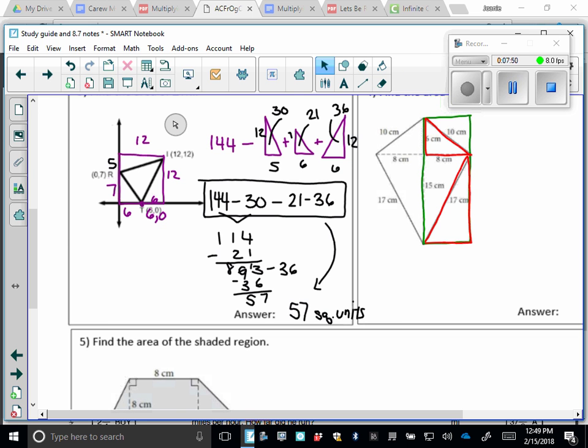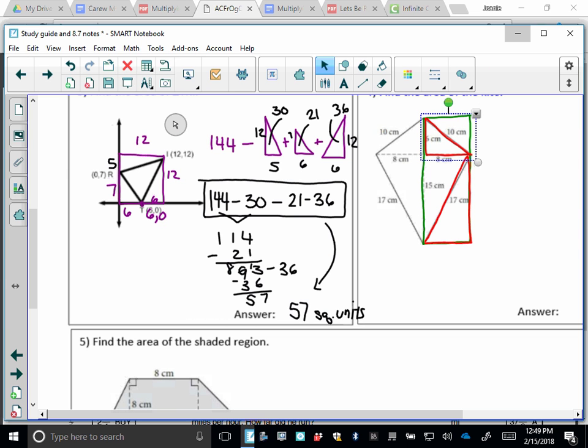So in essence, if you think about it, I've got to move this. I can just rotate that.